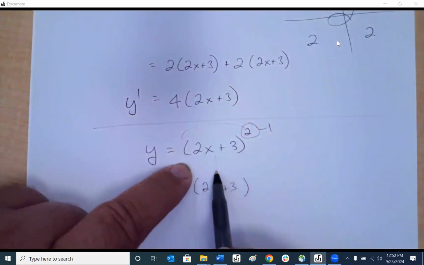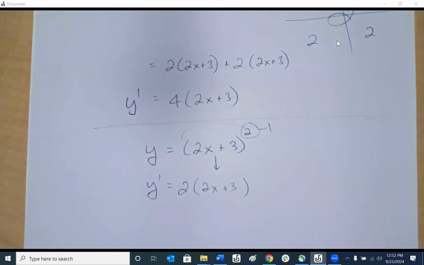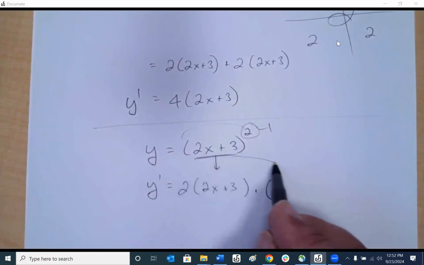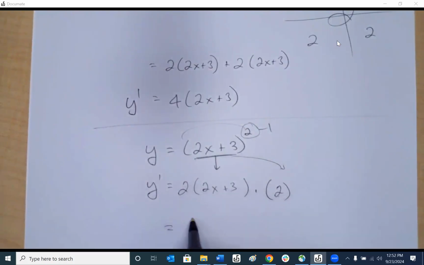And leave the inside alone. So derivative of the outside, leave the inside alone, times the derivative of the inside, which is 2. So 2 times 2 is 4, 2x plus 3. And there we have it.